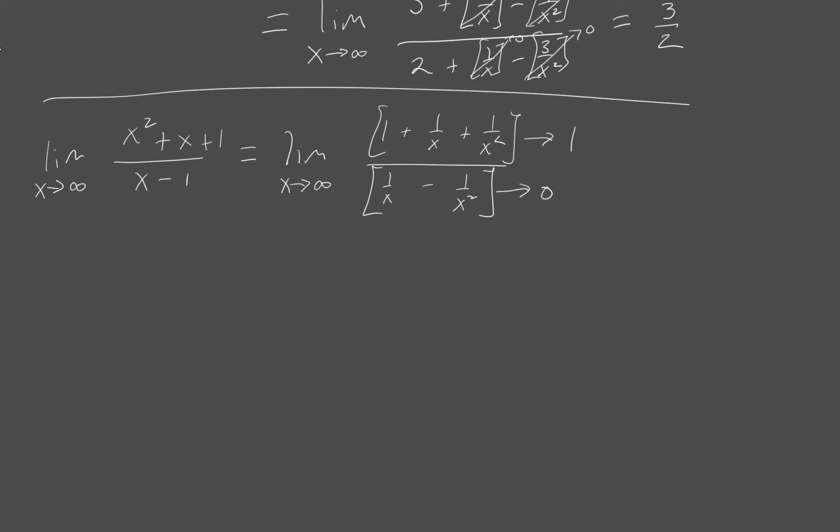To figure that out, we can check whether it's a positive value or a negative value as I get bigger and bigger numbers. If I plug in really big x values, this is going to be positive. This is also going to be positive. So this is going towards positive infinity that way.